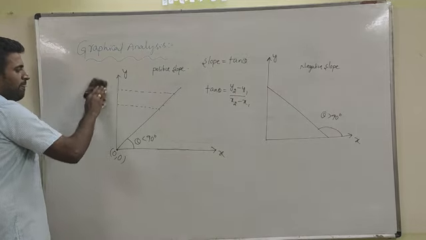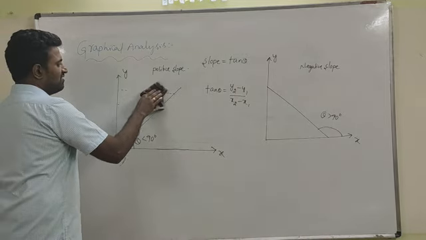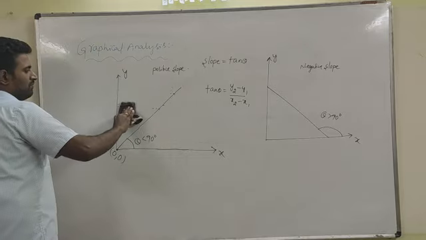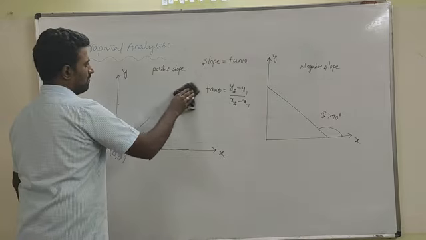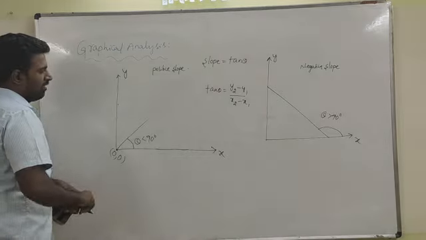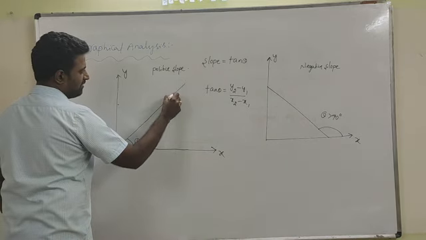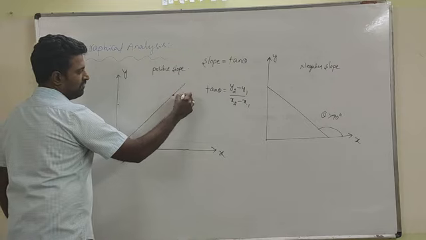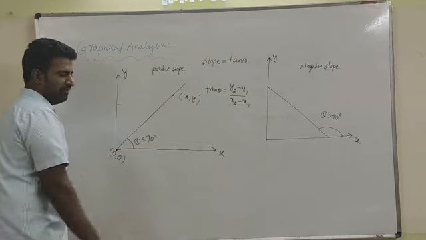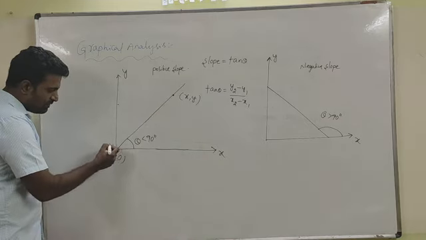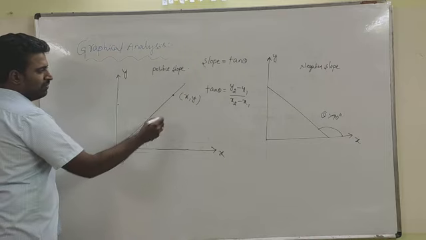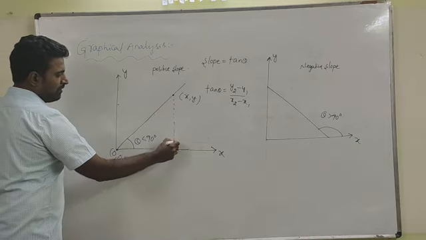I am taking one general point on the graph. Let us say this is the general point which will give you x comma y, and the other point through which it is passing will be 0 comma 0. Do you observe?